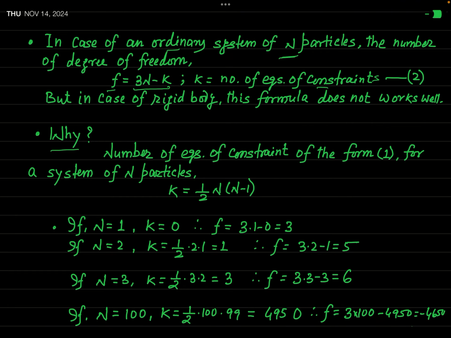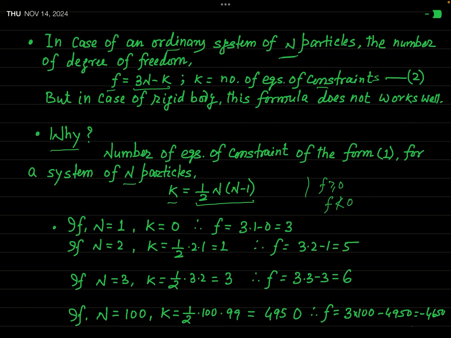Actually, if you consider that there are n particles in a system, then the maximum number of equations of constraint is given as k equal to 1 over 2 times n times n minus 1. This is the maximum number of equations of constraint. And this degree of freedom f must be greater than or equal to 0. It means the degree of freedom is never negative.